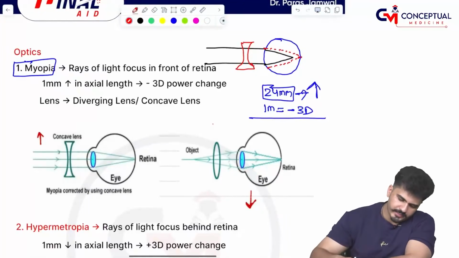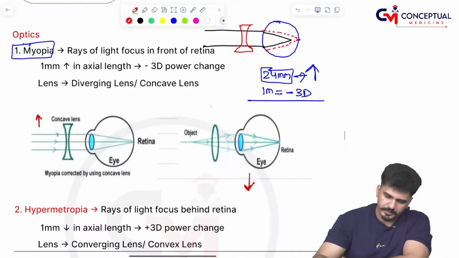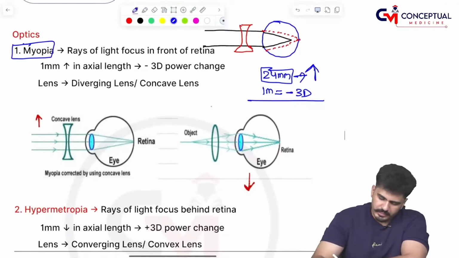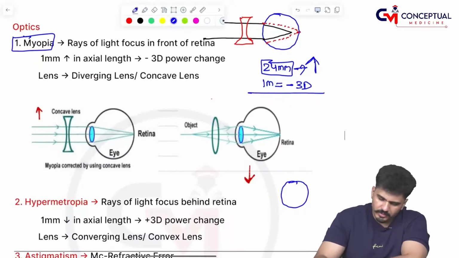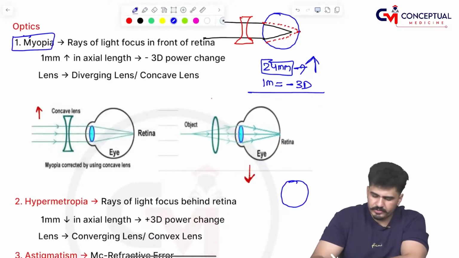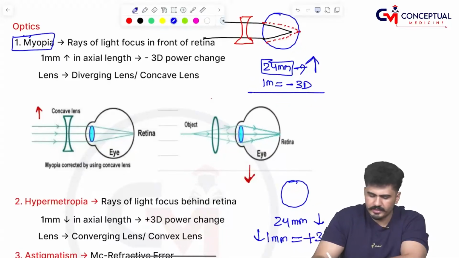Okay. Next is your hypermetropia. Same as I taught you. The eye is becoming small. So your normal axial length was 24 millimeter. Here it is decreasing. 1 mm decrease in axial length will lead to a power difference of +3 diopter.